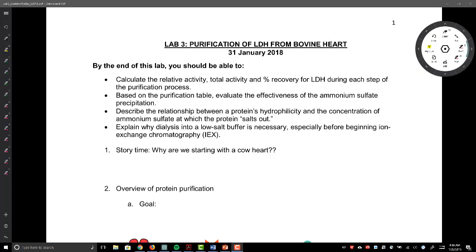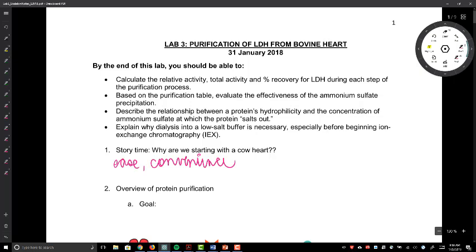And so in a spirit of early protein chemistry, we also are going to be purifying our enzyme from an animal organ. So part of it is because of ease and convenience, at least convenience for you guys, so you don't have to come in at weird hours to get your cells ready, but also for the sake of history.